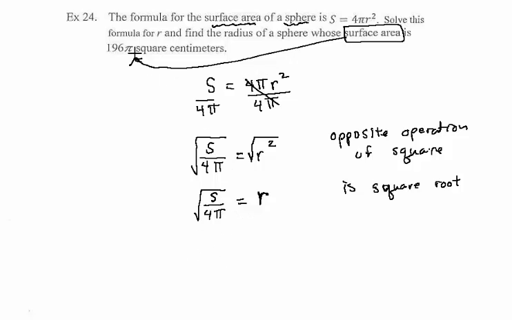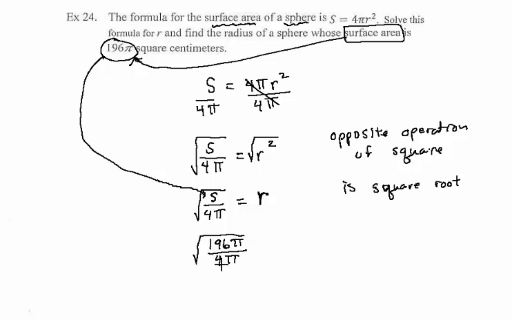Now, we take our 196 pi and we replace s. So this becomes a 196 pi over a 4 pi. You can carry out any operations as you normally would inside the radical. The place where you want to be careful is when you want to start taking things out of the radical to the outside.